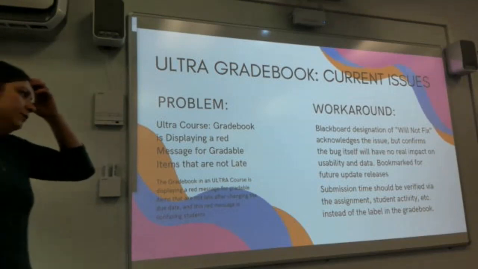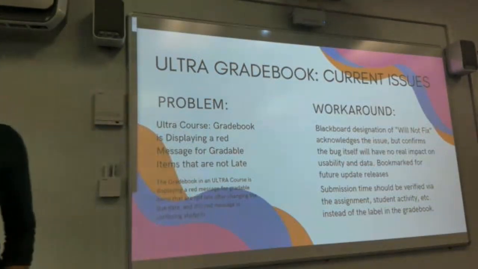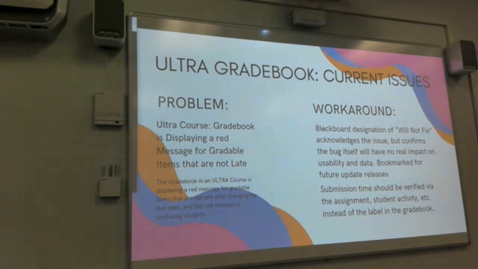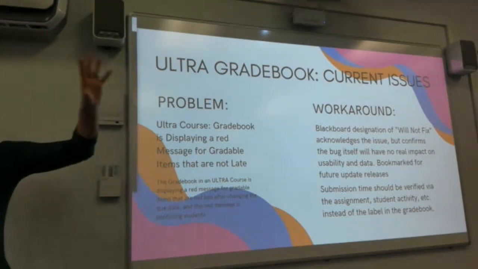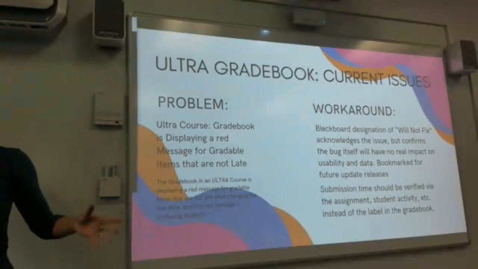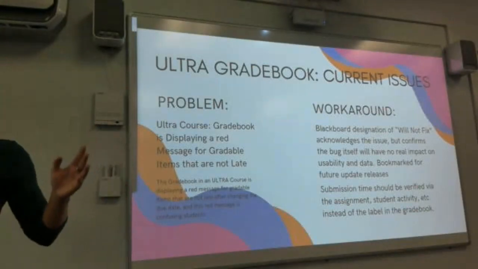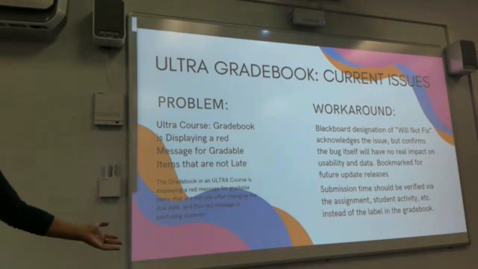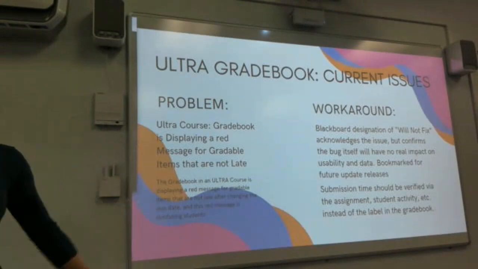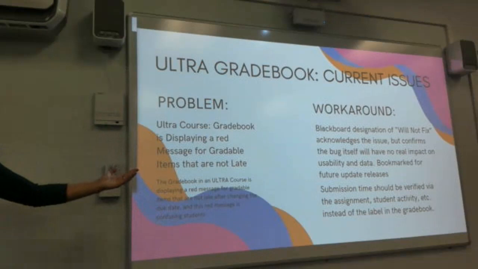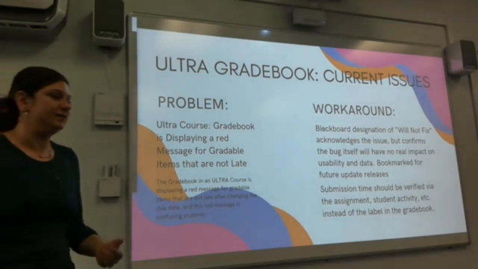The closest thing to a workaround: usually you have a timestamp of when the student submitted something. The timestamp does not lie. Let's say something's due at midnight and the student submitted it at 8 p.m. It's on time, but the glitch will make it look like it's late when it isn't.